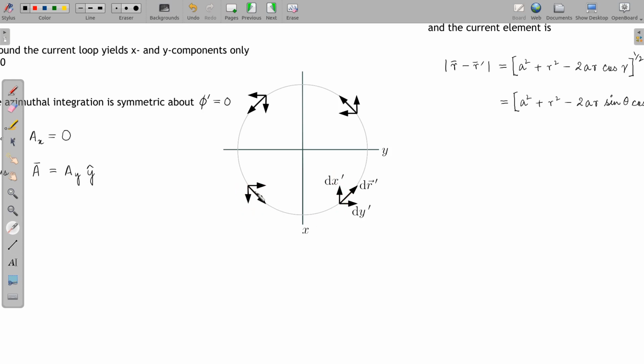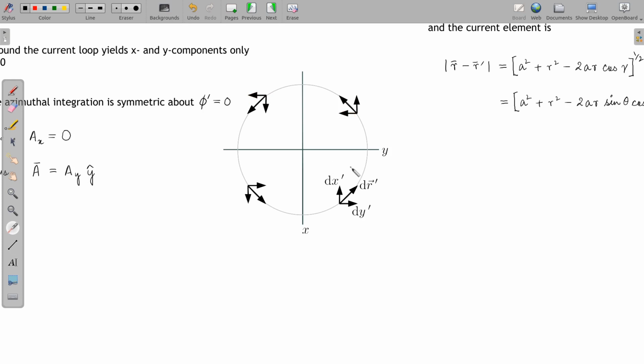But the dy prime are in the same direction, so they will not cancel out. Similarly, on the other side, the dx prime component is along the negative x direction here and along the positive x direction there, so these two cancel out. But dy prime is along the negative y direction in both places, so they are in the same direction and will not cancel out.